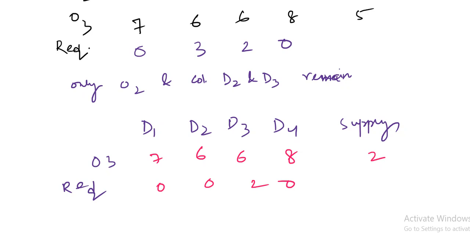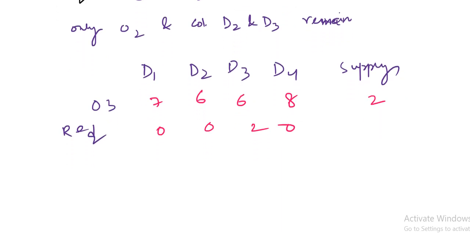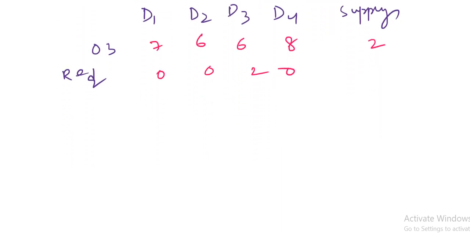So now we allocate D3. The lowest cost in column D3 is O3 with a cost of 6, and allocate 2 units of demand, since the demand of D3 is 2 and the supply of O3 is 2. So we can update this table again.